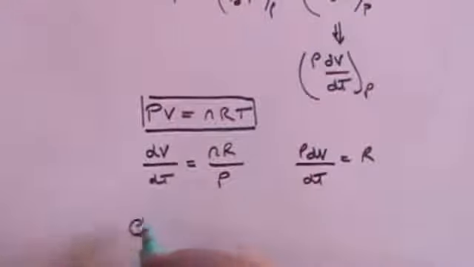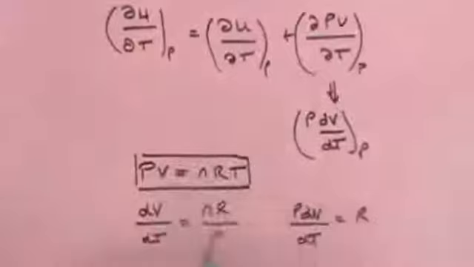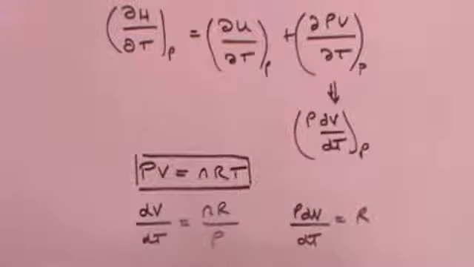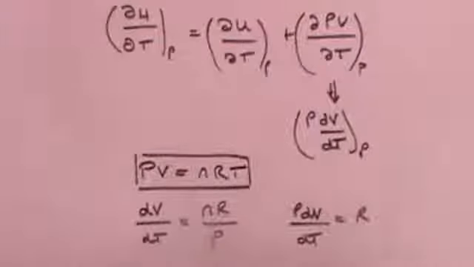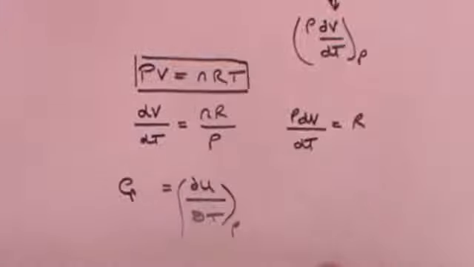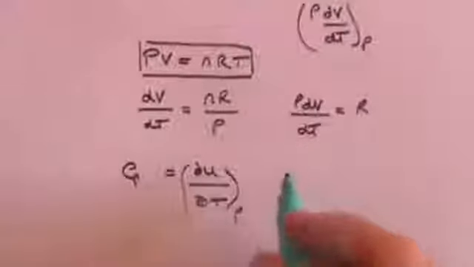So we now have that Cp, the heat capacity at constant pressure, is equal to this term here, which is dU by dT at constant pressure, plus this term here, which we've just shown is equal to R.